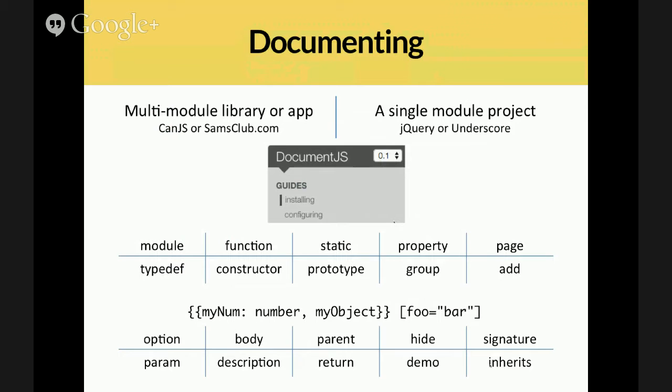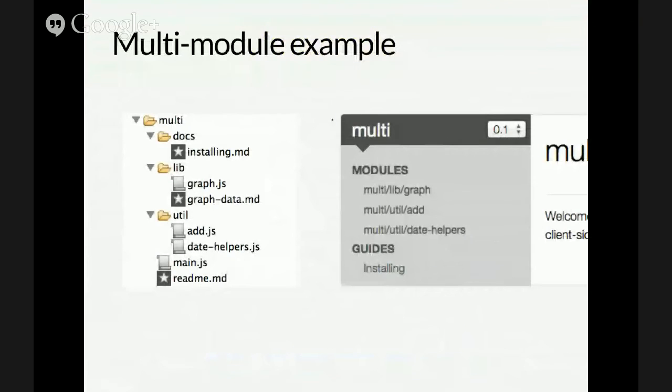The only thing I'm not going to talk about is how to document a single module project, because I think the vast majority of what we do is now multi-module. So I created an example of a multi-project that has a folder structure like this. It's got a main, it's got a readme.markdown, and some documentation on how to install the application.